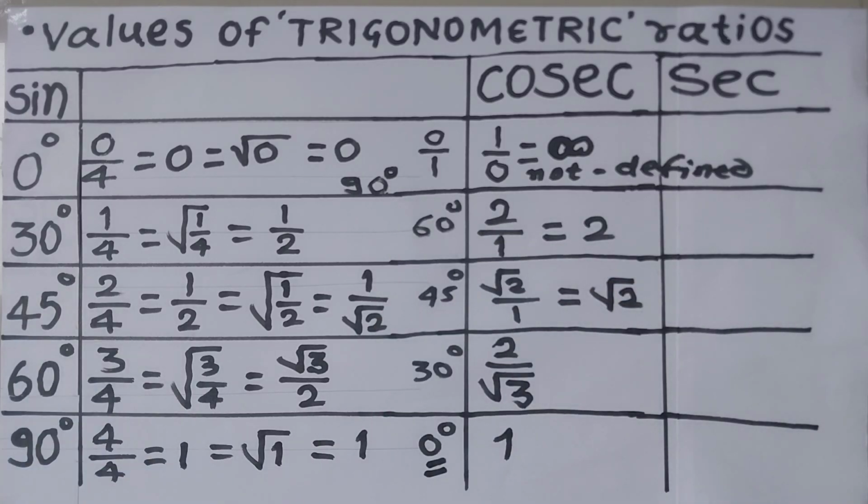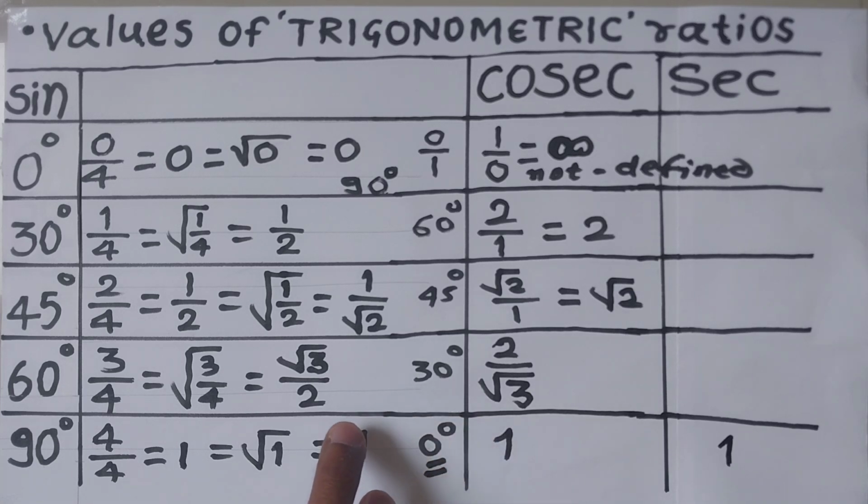Now we will start from this 0 degree. Cos 0 degree value is 1. So here sec 0 degree is also 1.